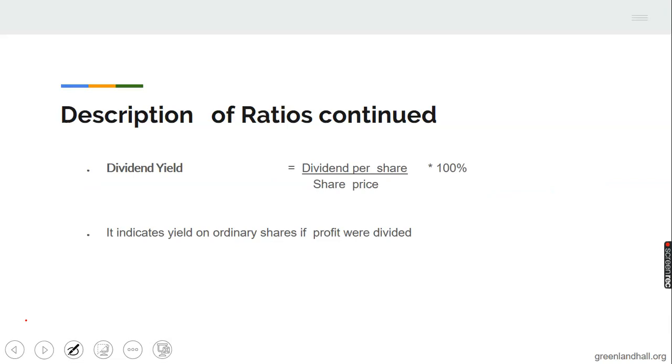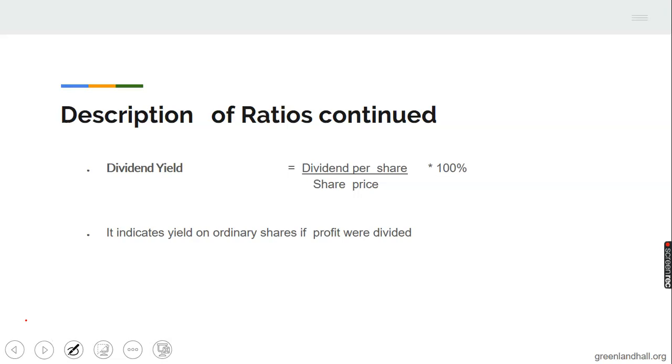Then the second one is dividend yield. That is the second investment ratio that is normally determined. Dividend yield is equal to dividend per share all over share price. That is the dividend that is payable to each of the shares over the price of each share, then multiply by 100.